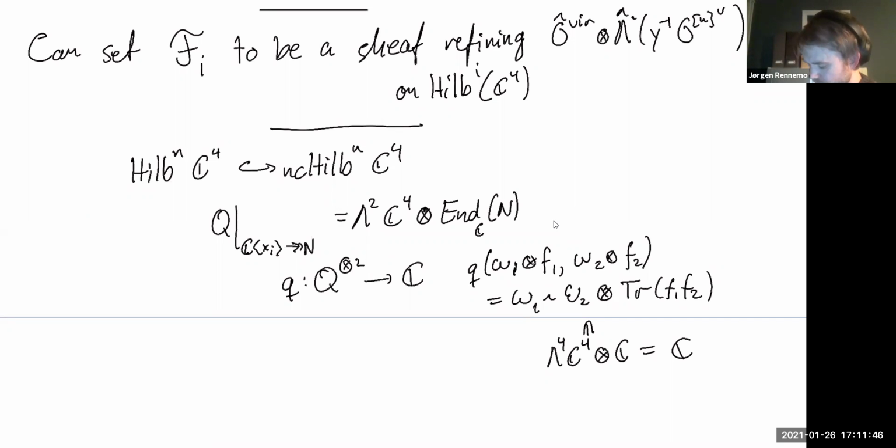And then the section at the point N should be the sum over e_i.